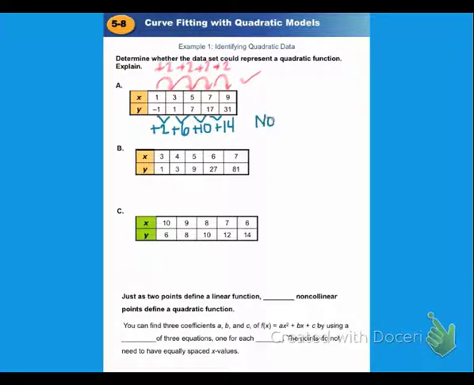I know that because linear would produce first differences that are constant. And now we can check the next level and see if maybe it's quadratic. From 2 to 6 it's going up by 4, then up by 4, and then from 10 to 14 up by 4. And right there, that tells me that this must be quadratic because the second differences are constant.